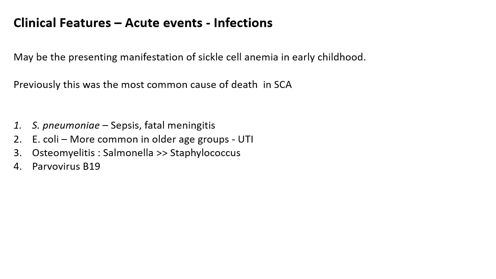E. coli is also common in the older age group, causing UTI. Osteomyelitis in normal individuals is usually caused by Staphylococcus, but in sickle cell anemia Salmonella is more responsible for causing osteomyelitis. Parvovirus B19 I have already emphasized in the aplastic hematologic crisis.